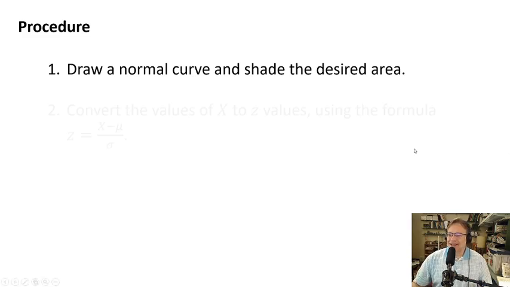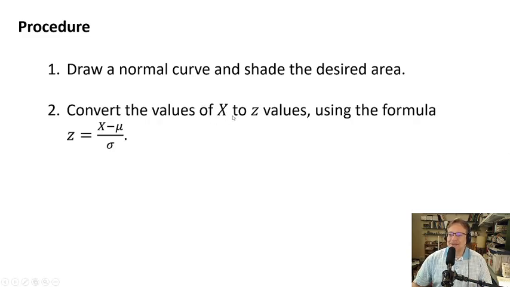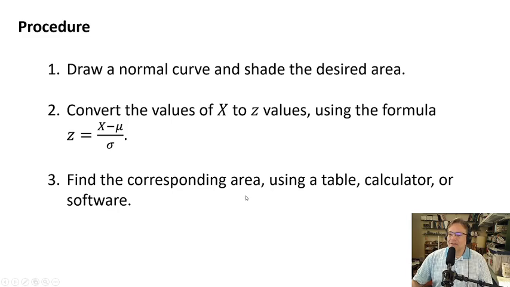And then the second part is converting the values of x, that's specific places on the normal distribution that's given to you, and translating those into z values, which are now on the standard normal distribution curve, using this formula. Z is equal to x minus mu, so we're finding the deviations from the mean and dividing them by the standard deviation. And then lastly, finding the corresponding area using a table, calculator or software. Here we're using a table.